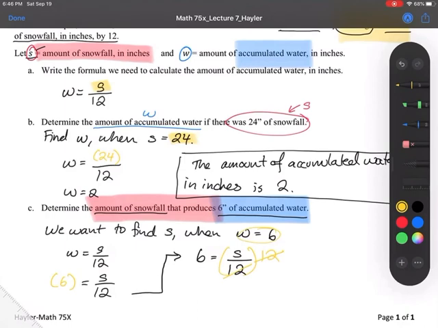But remember, we're in an equation, so we need to multiply the other side by 12. Then we have 6 times 12. Let's work that out on the side real quick. 12 times 6, that's going to be 12, carry the 1. 6 times 1, 6, 72. All right, so S equals 72.